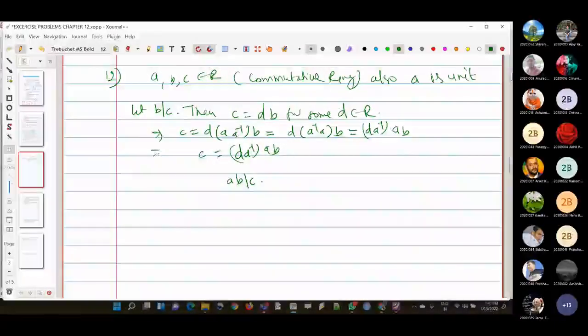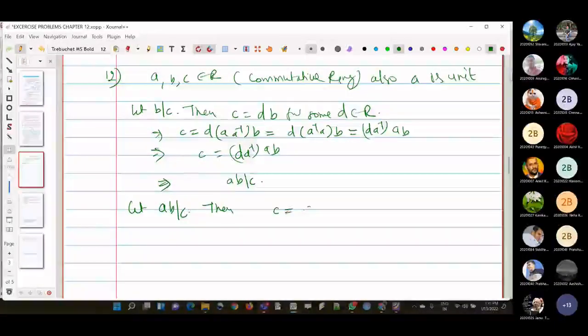So anyway, let us write it like this. In a ring, we need to be very careful, because they don't have a unique solution to an equation. So let us assume AB divides C. Then I think we can go reverse side also.